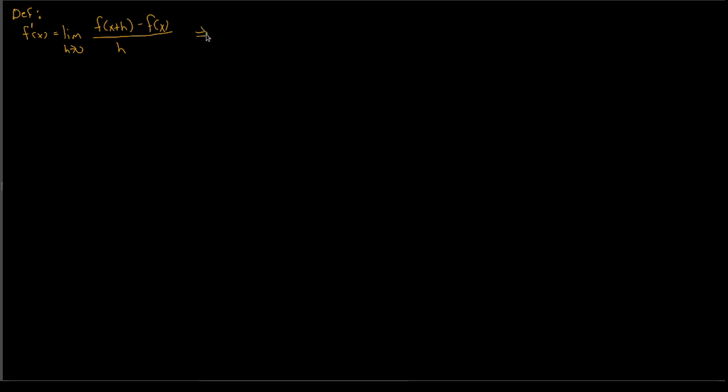Equivalently, we can define the derivative as the limit as some point z approaches another point x, of f of z minus f of x over z minus x. So both of these are acceptable ways of talking about it.